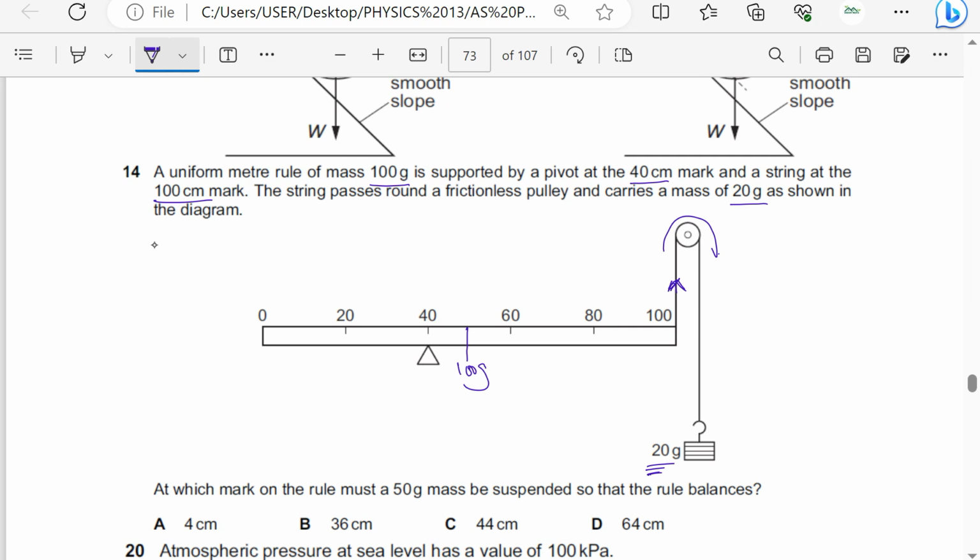So first of all, let's try to use inspection and see where the moment is greater. This is causing clockwise moments.